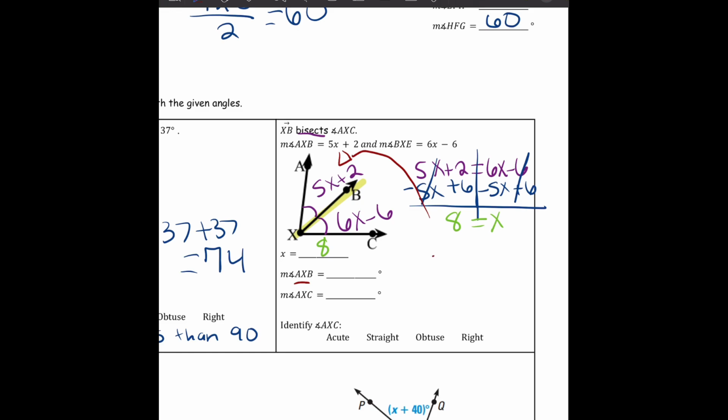So AXB is 5 times 8 plus 2, which is 42. If that side is 42, that means they're both 42. So the whole thing is 42 plus 42, which is 84. So that means AXC is acute because, again, it's less than 90.